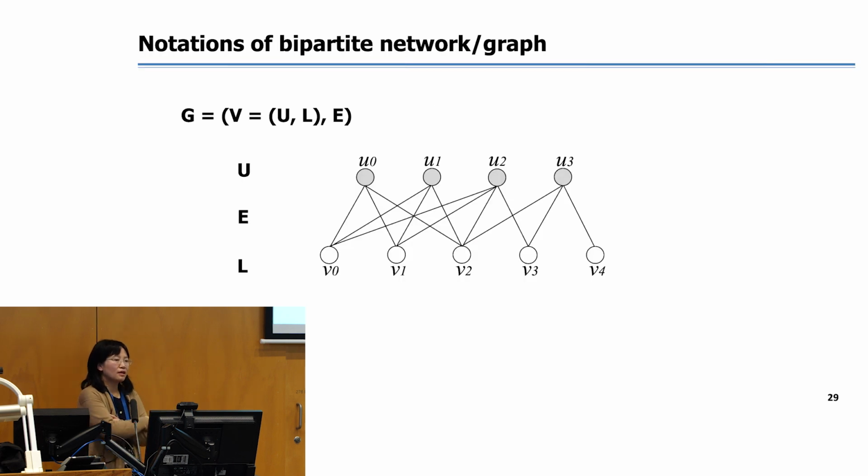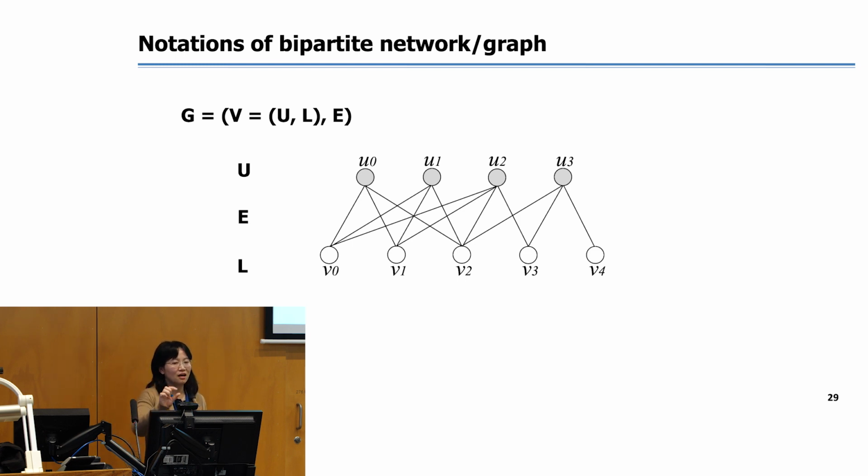So let's first look at the basic definition of a bipartite graph. In a bipartite graph, there are two layers. Sometimes we call them the upper layer and the lower layer, sometimes the left layer and the right layer. But basically, in a bipartite graph, we are only interested in the edges connecting these different types of vertices.